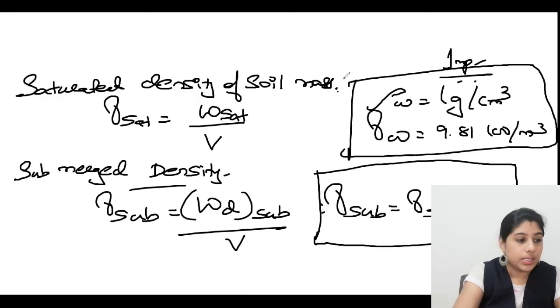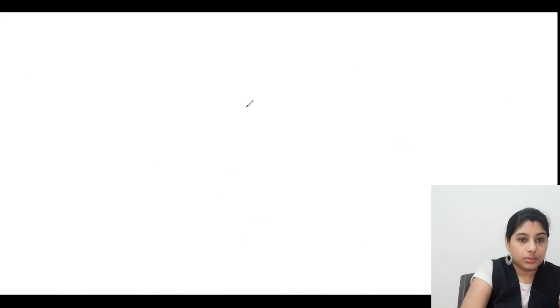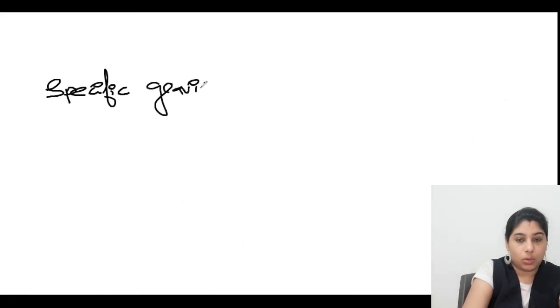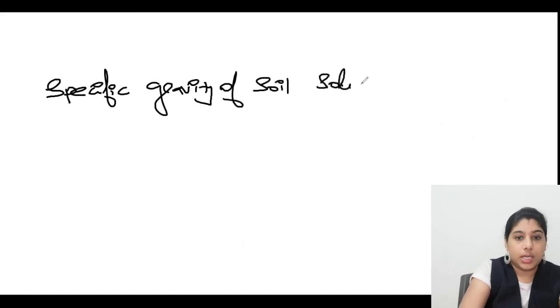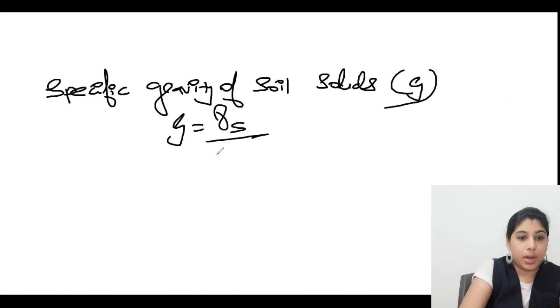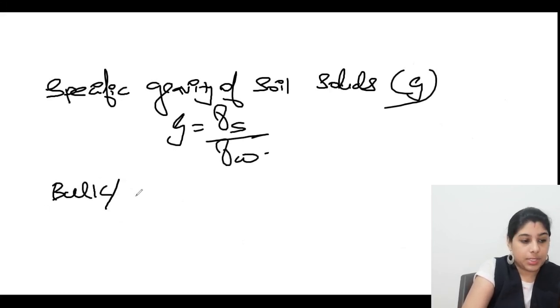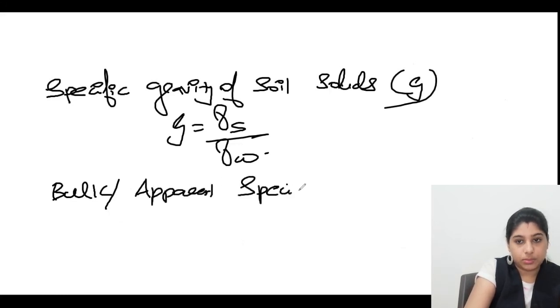Then the last one is specific gravity of soil solid, G. It will be the ratio of gamma S and gamma W. And bulk or apparent specific gravity is Gm.